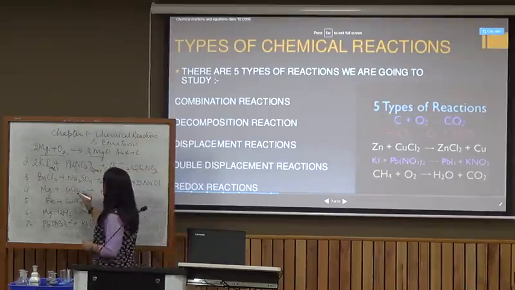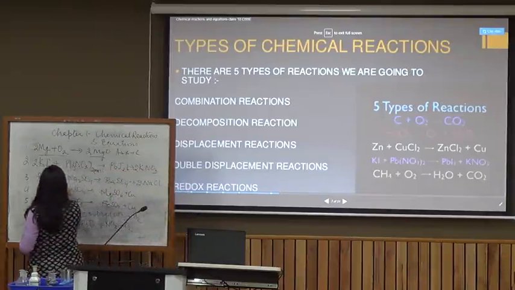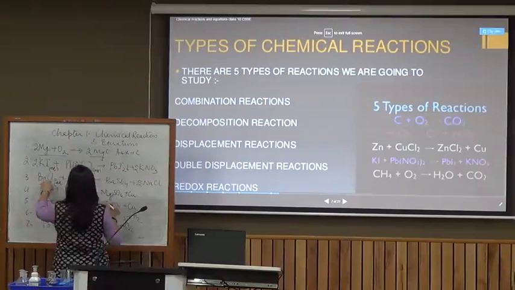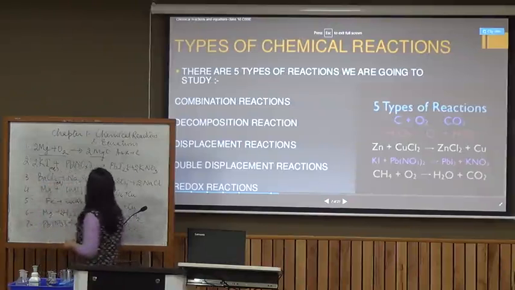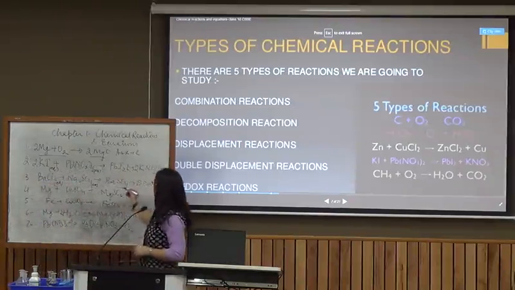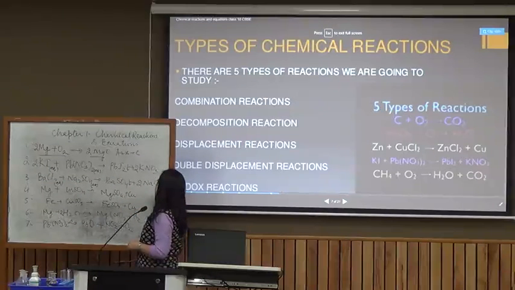This one is also a double displacement reaction because the barium ions and chloride ions are produced by barium chloride, sodium ions and sulfate ions are produced by sodium sulfate, and the ion exchange leads to formation of a precipitate of barium sulfate and a solution of sodium chloride.